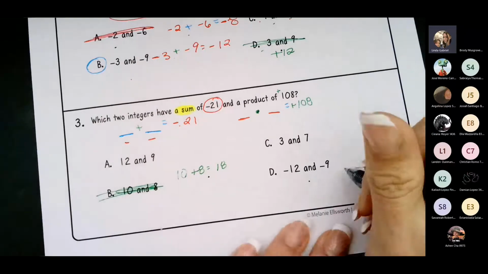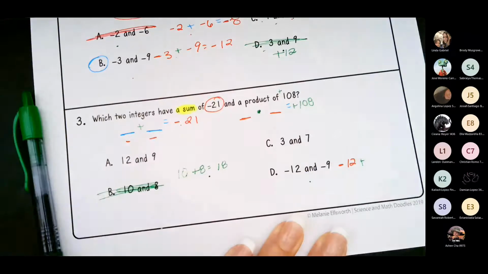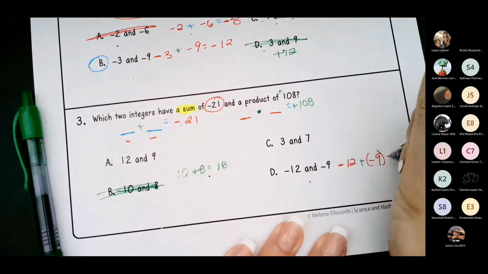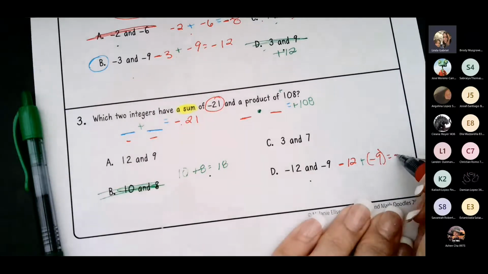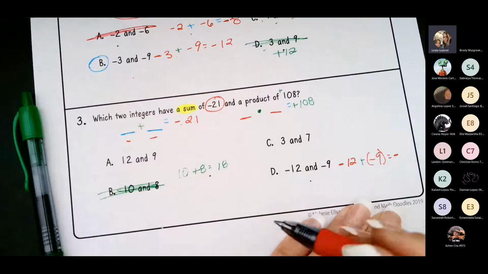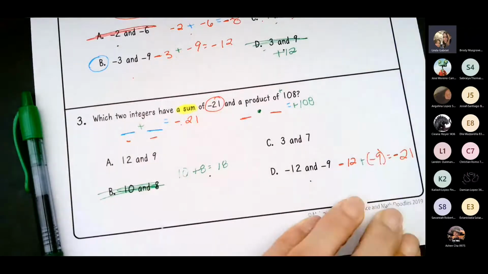So if I add negative 12 plus negative 9, that tells me that I'm going to add 12 and 9 together, but it will be negative, right? So I added value to the negative side. So negative 12 plus negative 9 is equal to negative 21.